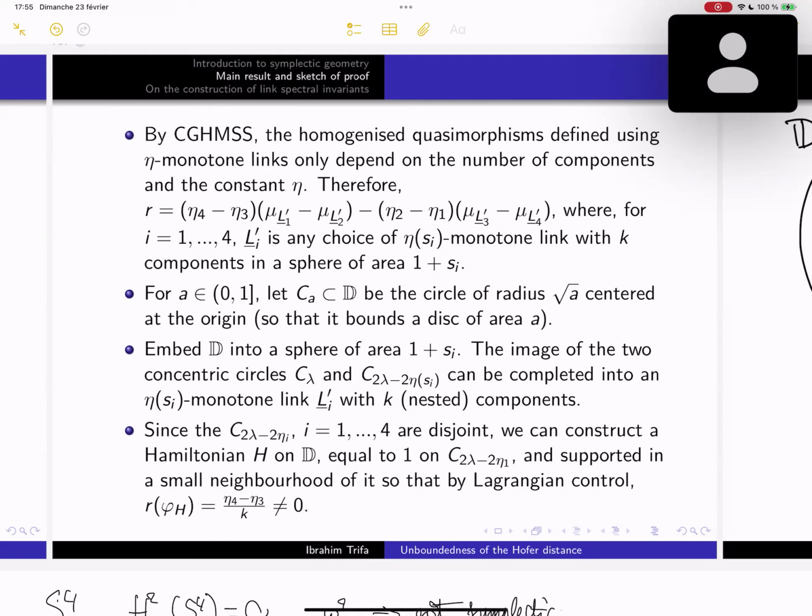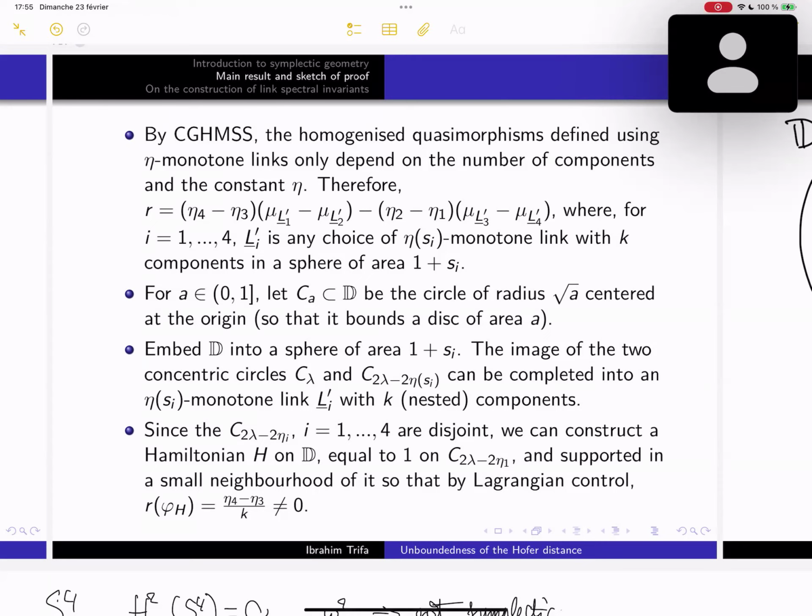It will not depend on the particular configuration of your links. And so we can pick any other Lagrangian link L prime i, which also has k components and monotonicity constant eta Si, which is the same as before. And then they will define exactly the same quasimorphism.